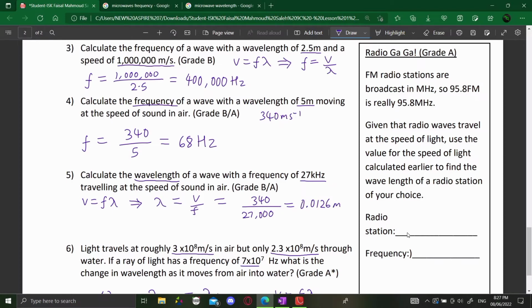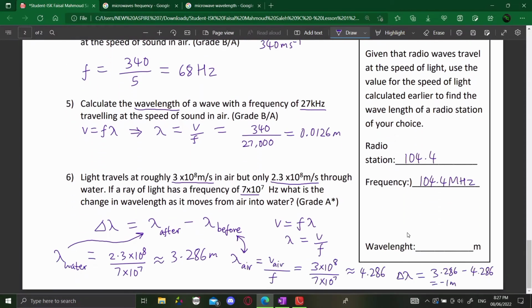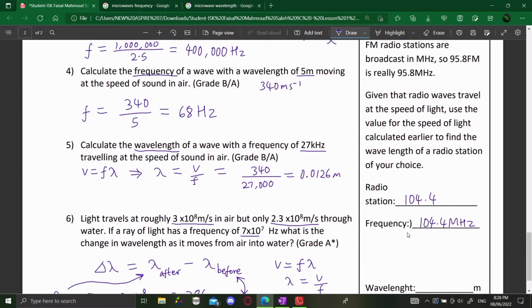So let's take 104.4, which is 104.4 megahertz, and we're going to find its wavelength.